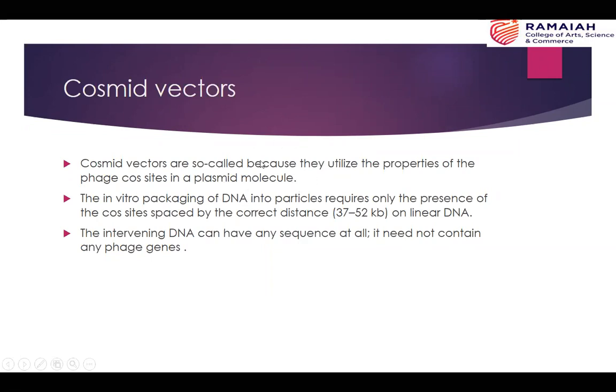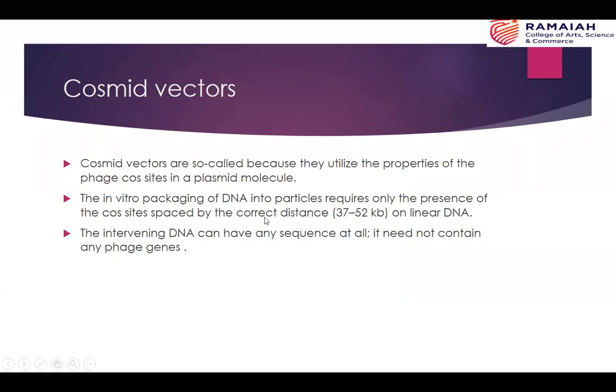So truly it is a plasmid molecule, but it utilizes the properties of cos sites which are present in the bacteriophages. Since it utilizes the properties of cos sites and since it is a true plasmid vector, these are given the name cosmid vectors.